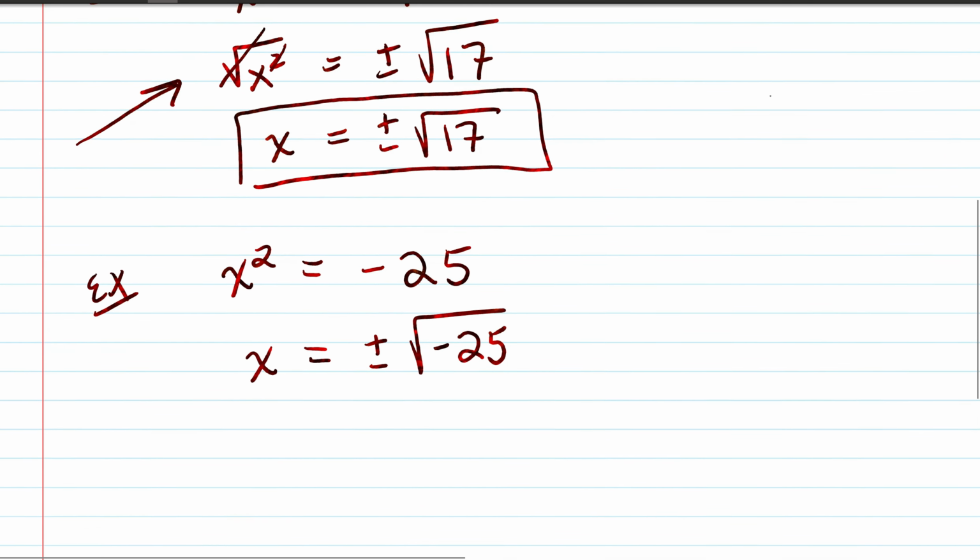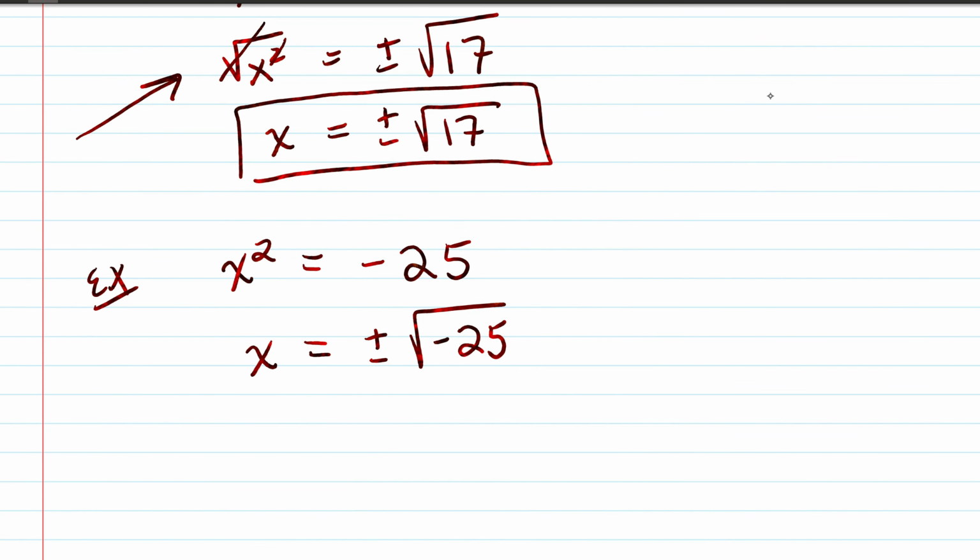All right, so this throws a little monkey wrench into things in that we have the negative sign underneath the radical. If you think about it, what number times itself would make negative 25? Well, I don't think there is one, right? Positive 5 times itself is positive 25. A negative 5 times itself is still a positive 25. So there's no number times itself to make a negative 25.